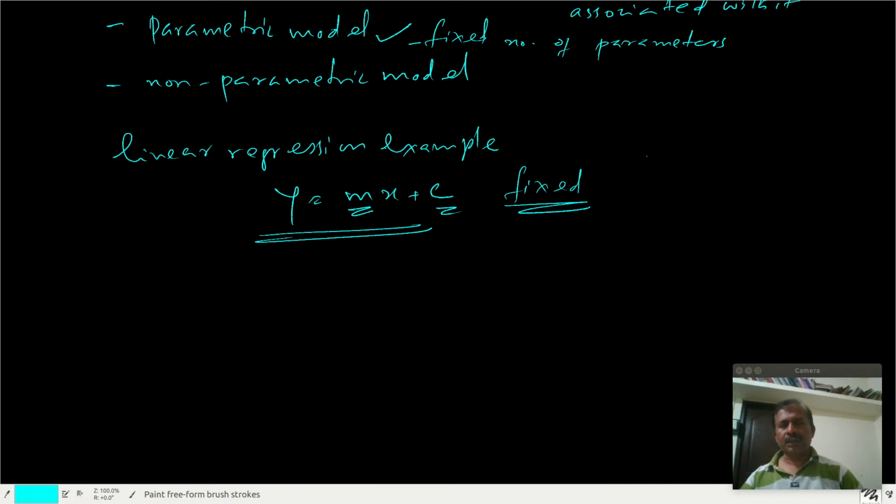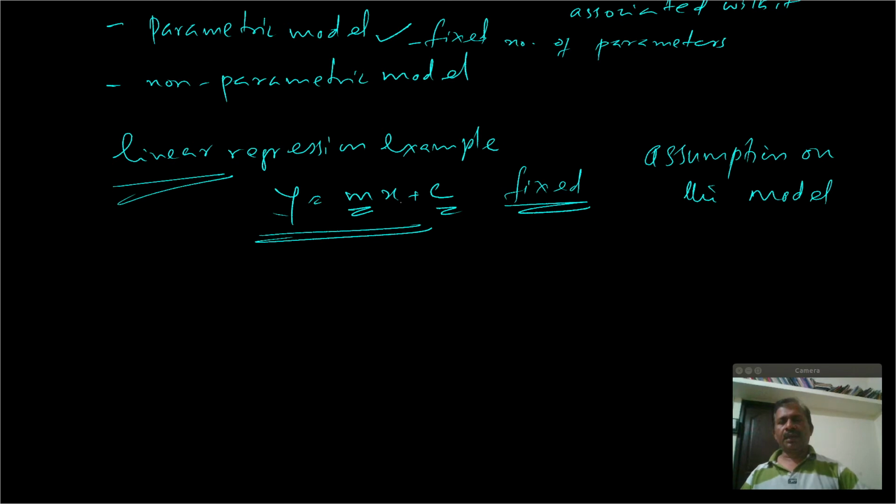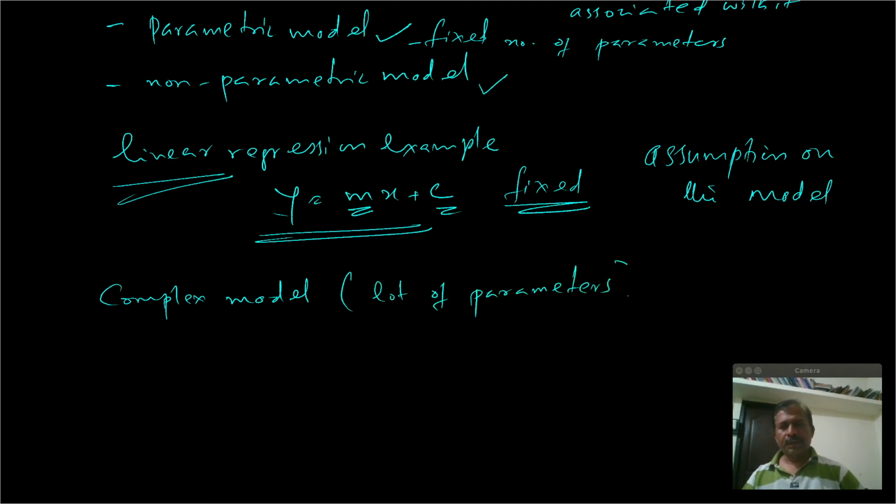We basically start with an assumption on the model, because in linear regression our assumption is that the model will behave as a linear model, right? In contrast, a non-parametric model will be a complex model. Here you will have a lot of parameters, and the model will be very complex, right?